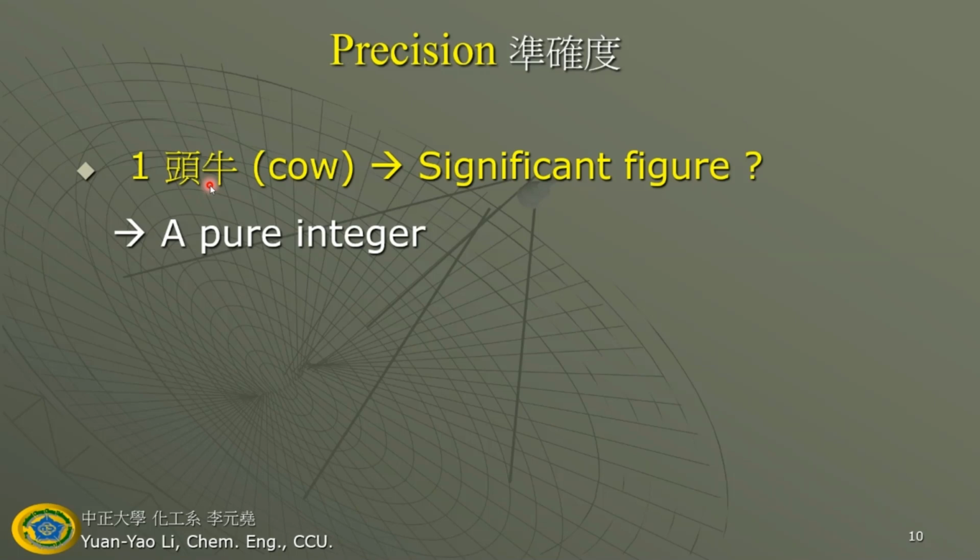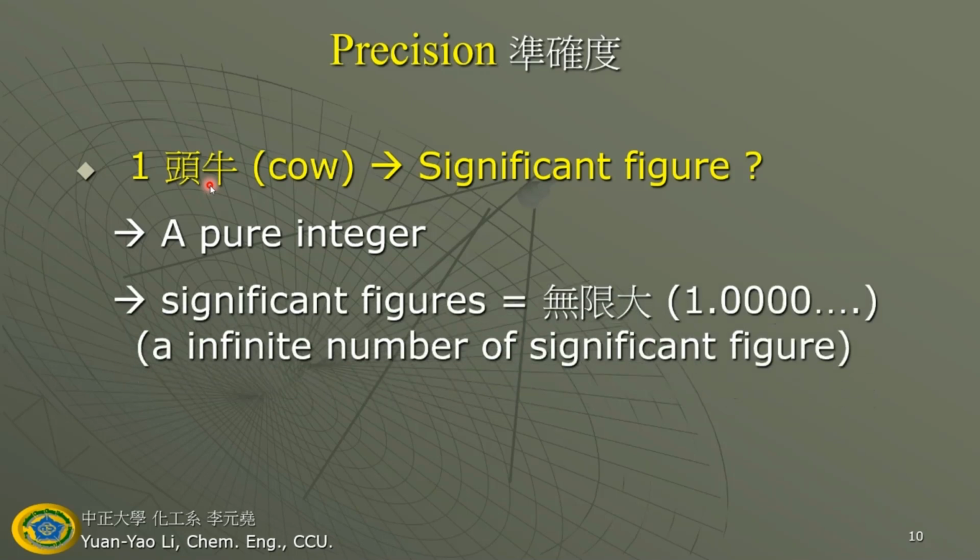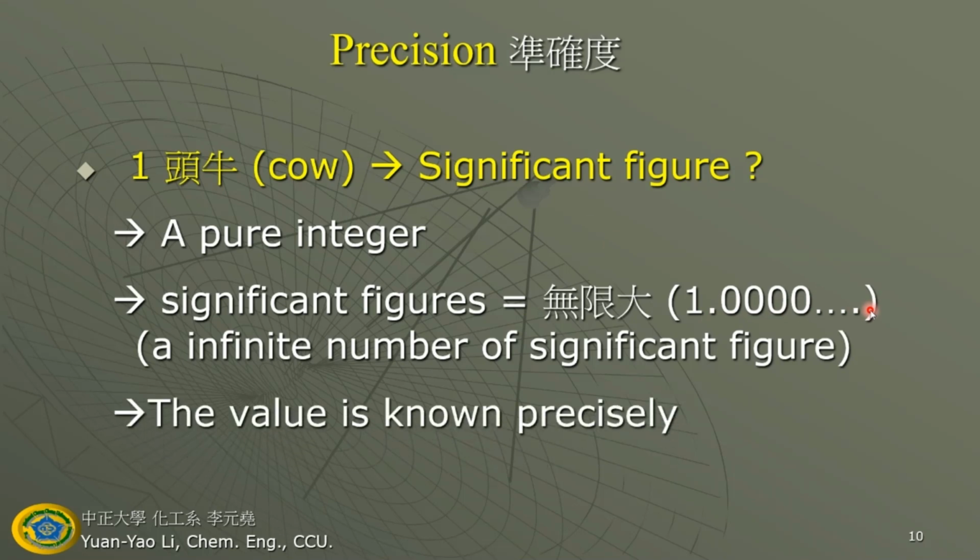It's not measured. It is a pure integer number. So the significant figure is infinite. An infinite number of significant figures you can write down as 1.00000000. So the value is non-precisely.